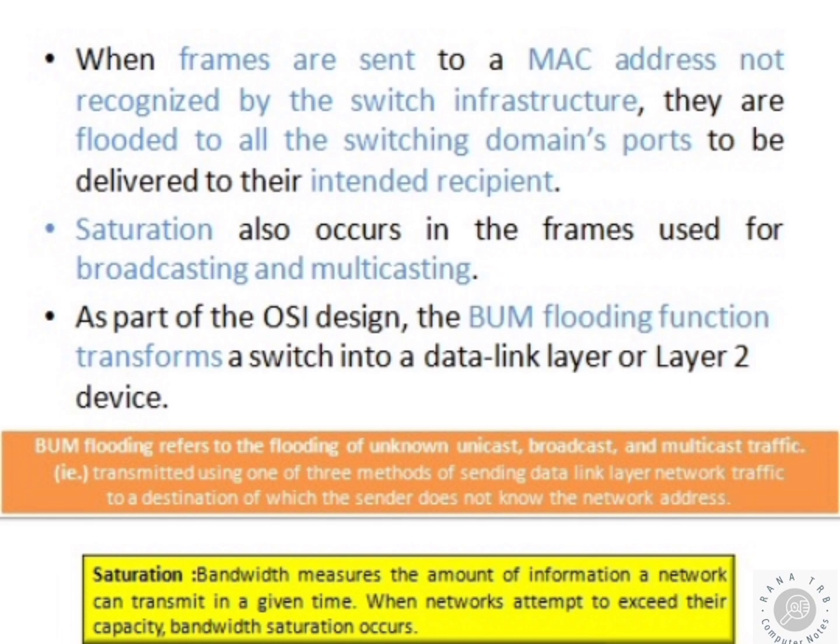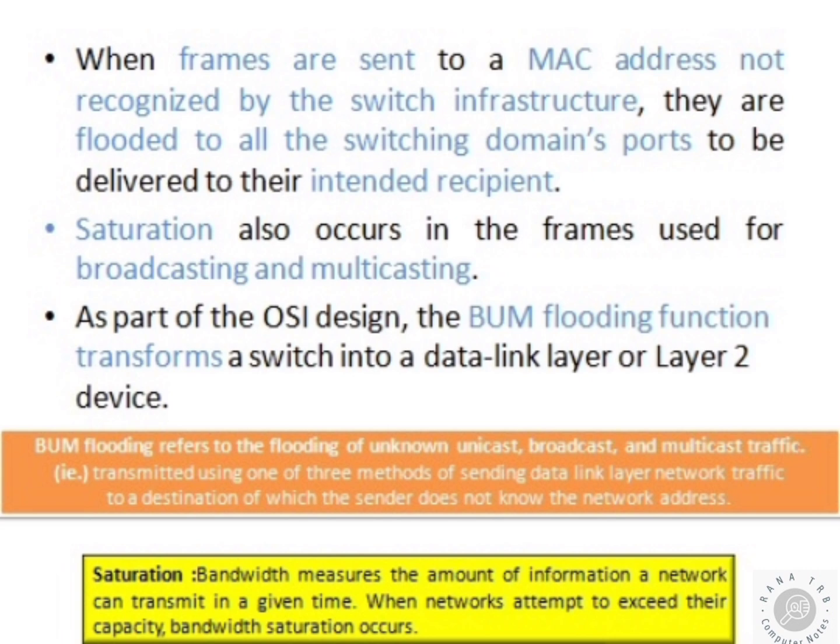What does saturation mean? There is a fixed bandwidth for the amount of information to be transmitted in a given time. But by flooding and transferring, when the network attempts to exceed the capacity or the bandwidth, saturation will occur. So to avoid the saturation, they use the BUM flooding technique.